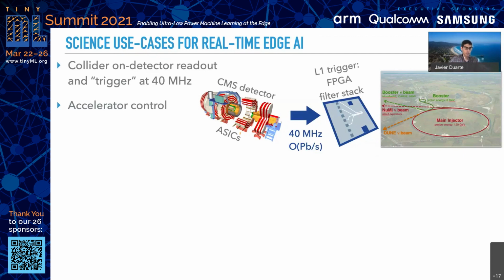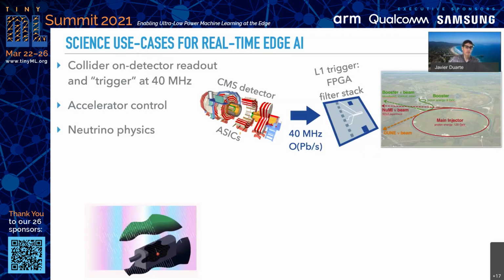AI is also being used to steer these beams in the accelerator complex, for example, at Fermilab, using techniques like reinforcement learning. In the related field of neutrino physics, detectors deep underground actually need to detect and filter neutrinos from supernova and potentially alert other experiments, and again, in real time.